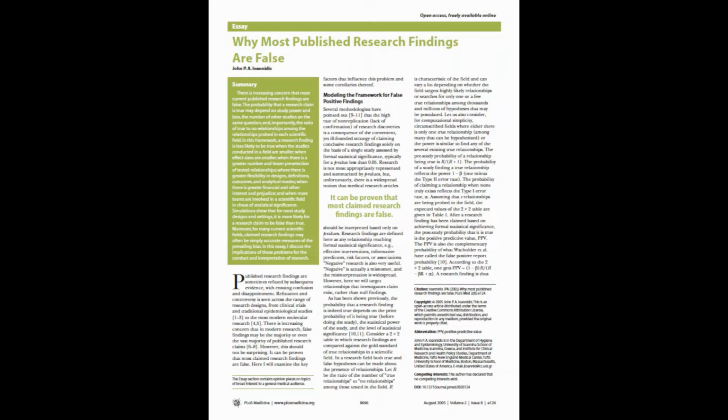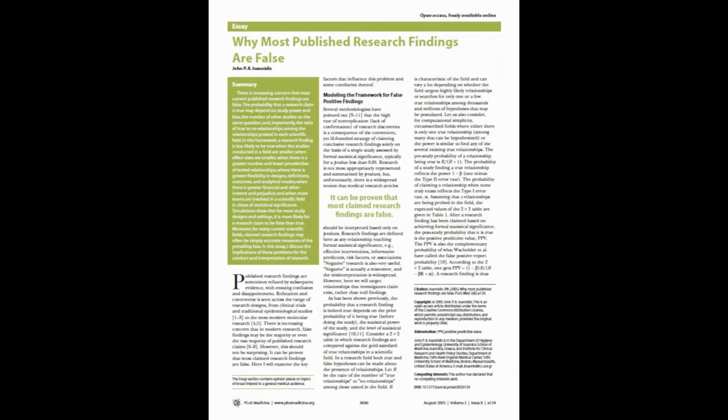He considers that R over R plus 1 is the true relationships divided by true relationships plus no relationships. And alpha is like a correction to not include false positives in your analysis. And beta is the false negatives that you can have in your research findings.